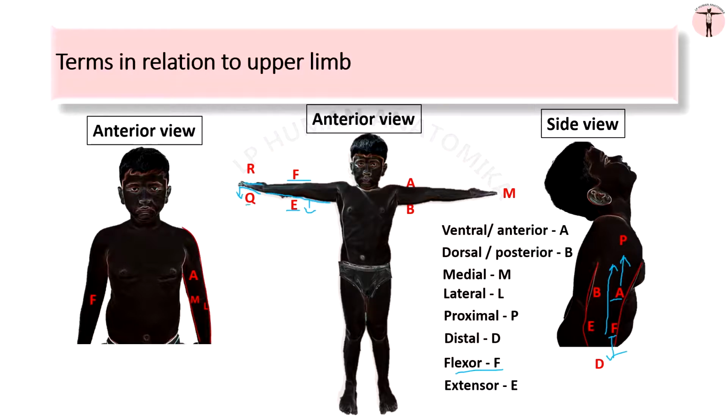So Q is present towards the dorsum of the hand and R is present towards the palmar aspect of the hand. So a structure close to the surface of the palm, we call it the palmar aspect or anterior aspect of the palm. So R is palmar aspect, Q is dorsum of the hand.